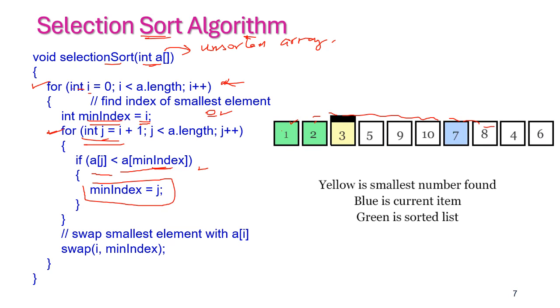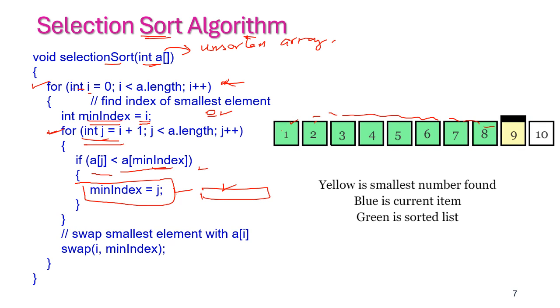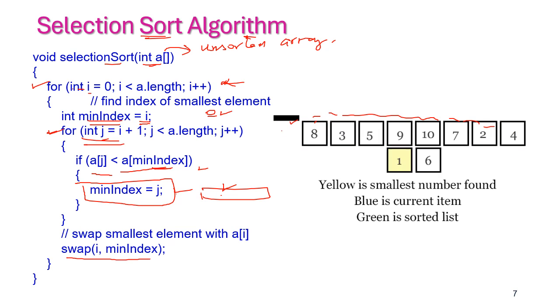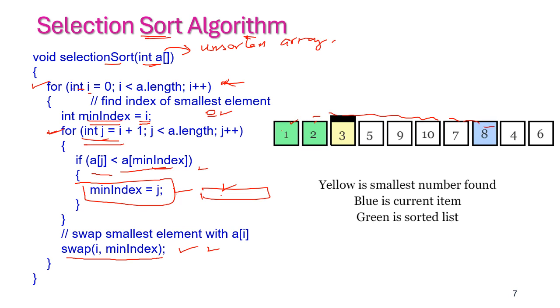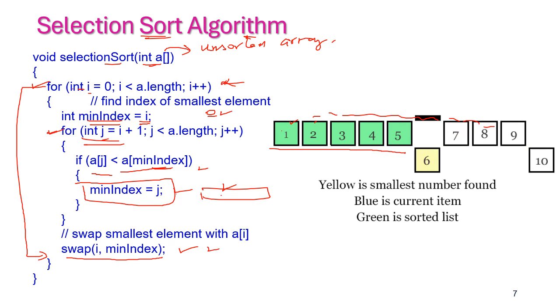So here we identify the minimum value in the unsorted portion. Once we identify the minimum value, the first value and the minimum index value get swapped. At every iteration of this for loop, the minimum value gets its right position.